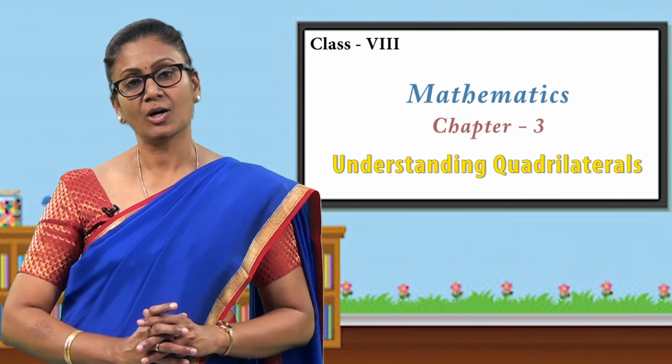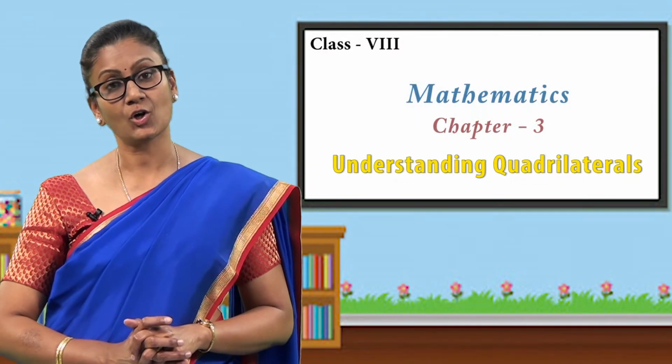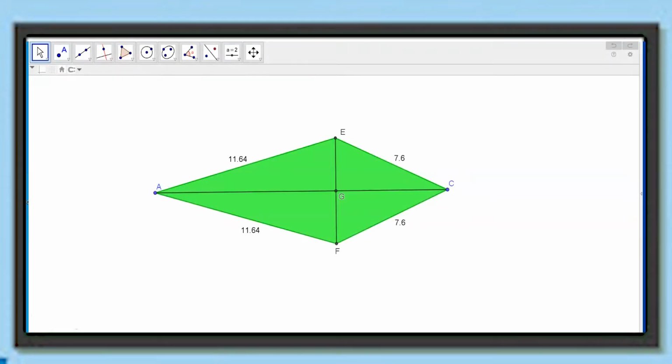So children, now let us look at this video and try to explore the properties of a kite. Here is a kite AECF. Now how can we say this is a kite? Yes, because 2 of its adjacent sides are equal, this quadrilateral is given the special name the kite.